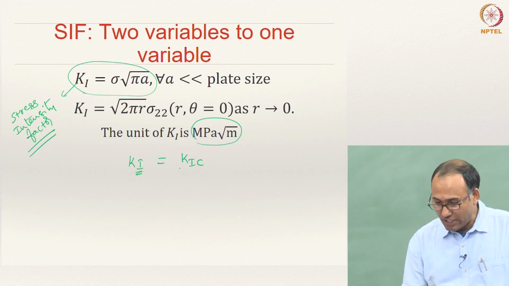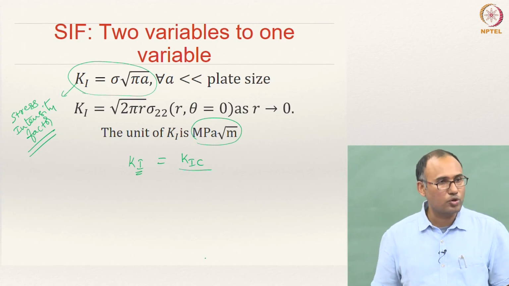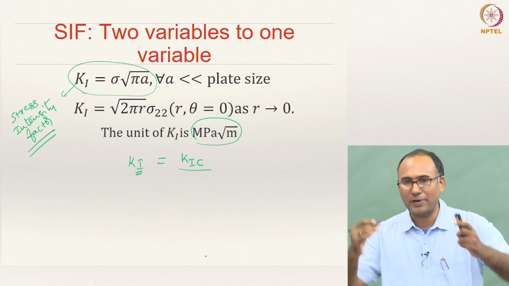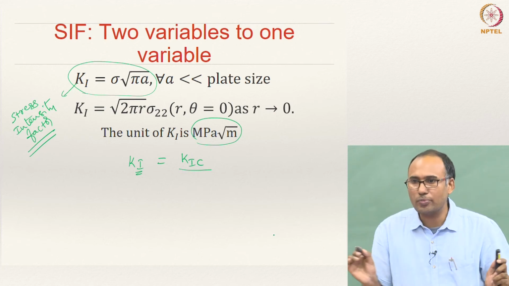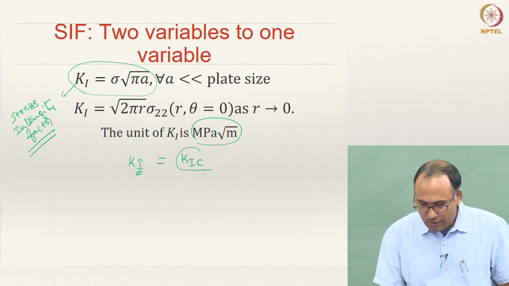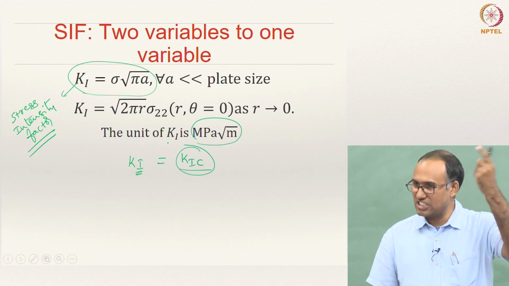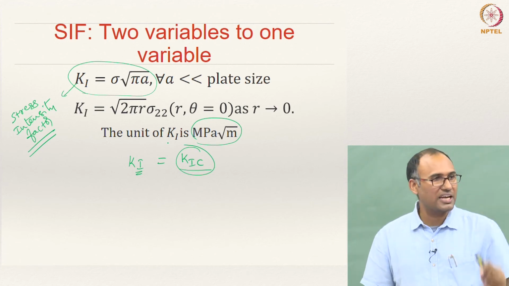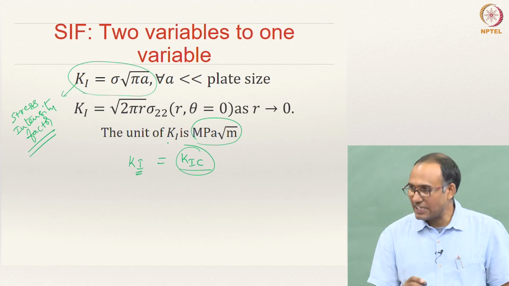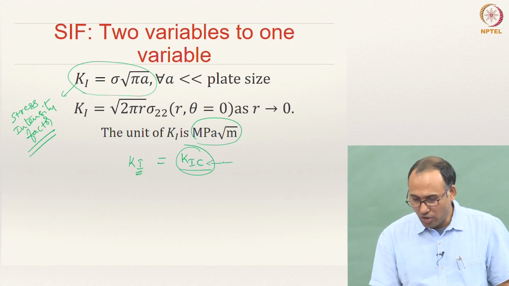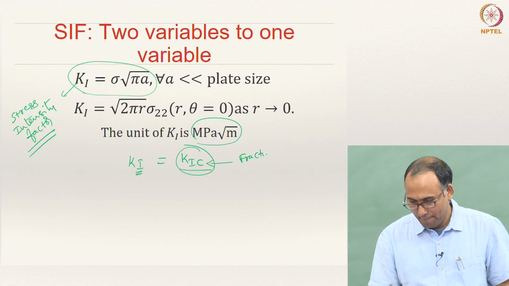Similarly, when K1 becomes equal to some critical value K1C, that is when the crack propagates. Until then the crack does not propagate, and this one is a material property again like G1C. G1C is our critical energy release rate. This is the critical stress intensity factor, also called fracture toughness.